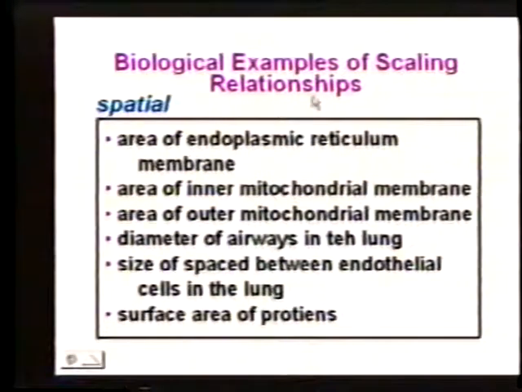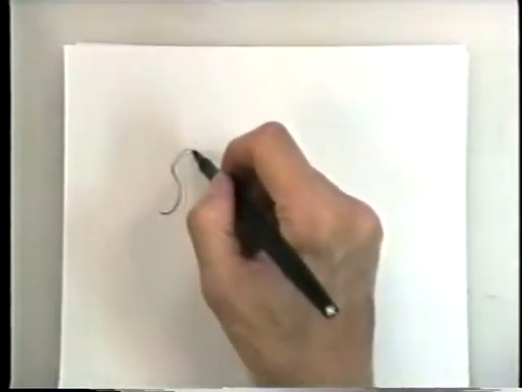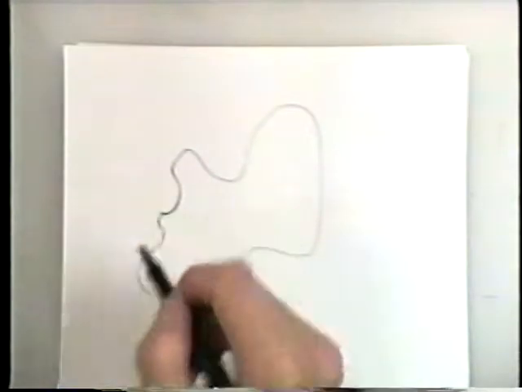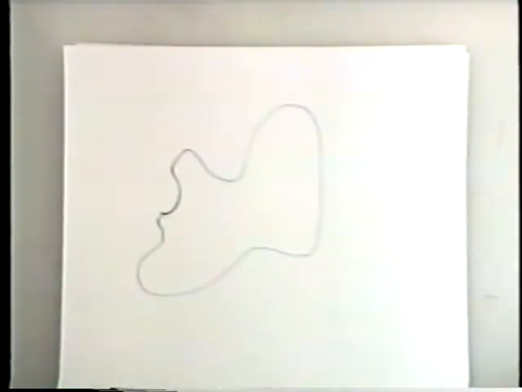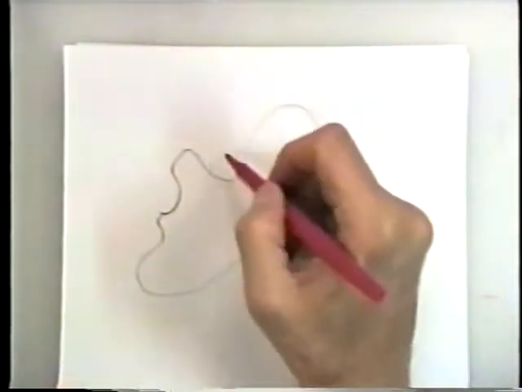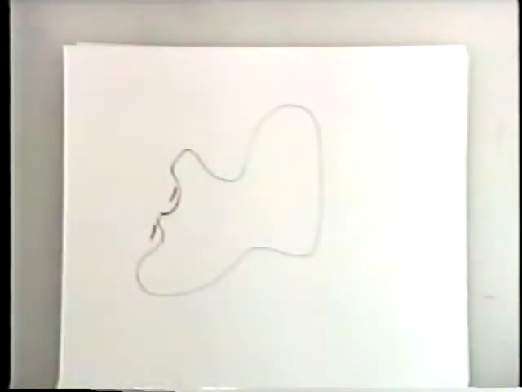So to give examples of where the scaling relationship has been measured, we've seen it in membrane areas, in diameters of airways in the lung, in the size of spaces between endothelial cells in the lung, and in the surface areas of proteins. Maybe that's worth discussing for a moment, because I was reading about this on the airplane. If we have a protein, it actually has a shape, which I've shown here in 2 dimensions, and there are pockets or holes in this shape.